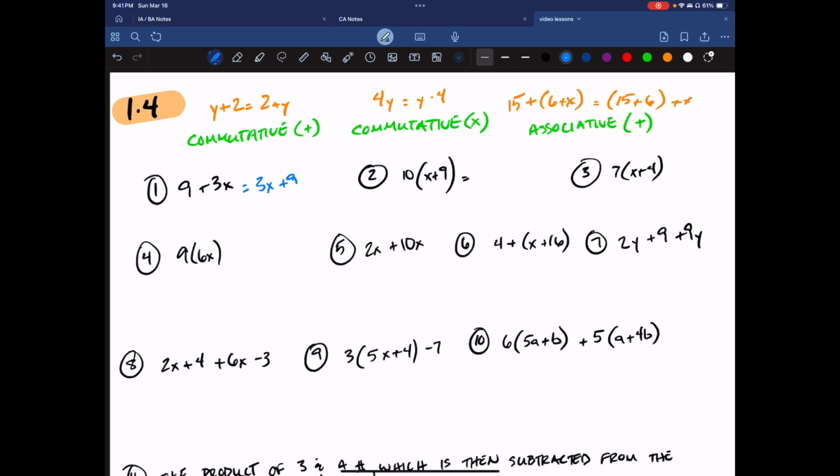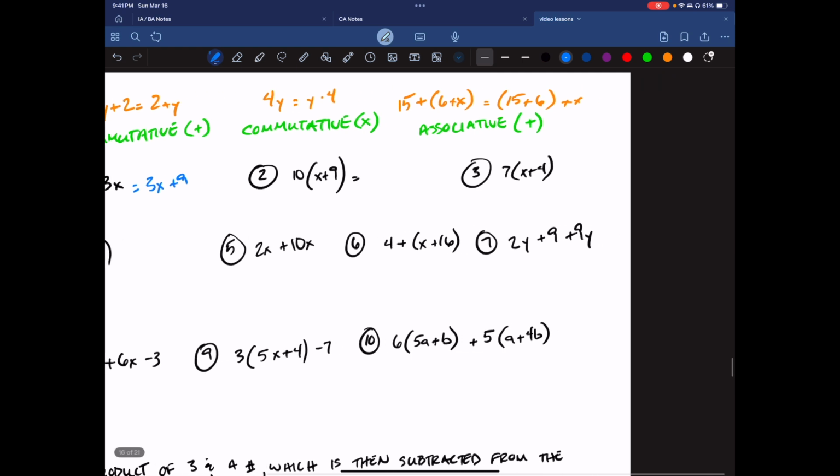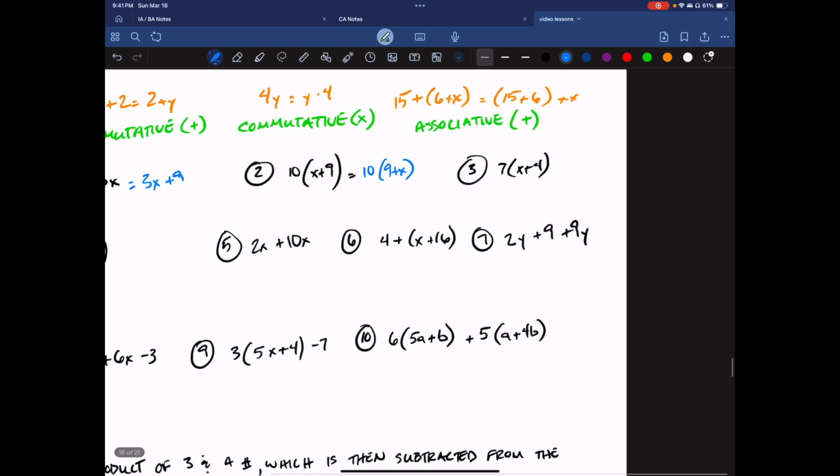If I wanted you to give me the commutative property on number two, the commutative property of addition says that I would change just the inside and say 9 plus x. If you were doing the commutative property of multiplication, then you could take the 10 and move it to the back. And that's exactly what we're going to do on number three, which is commutative property of multiplication.